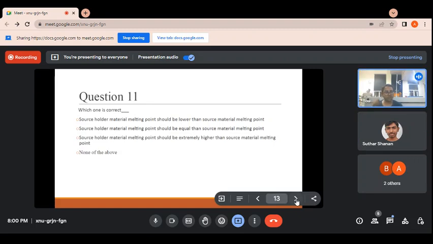Actually, if the melting point of the source holder is equal to or lower than that of the material which we want to deposit, then what happens? The source holder material will try to evaporate and it will deposit, so we are not getting the material we want to deposit.